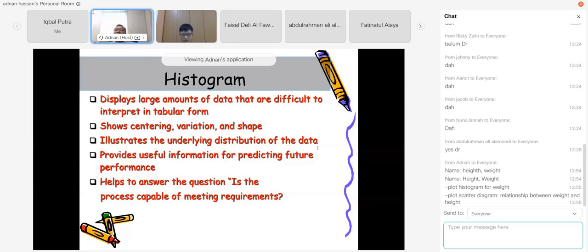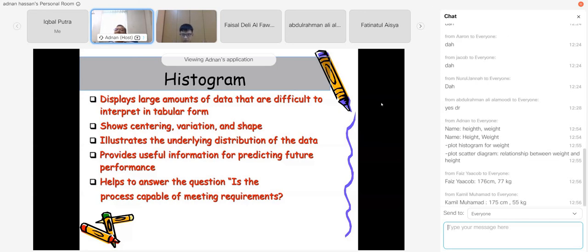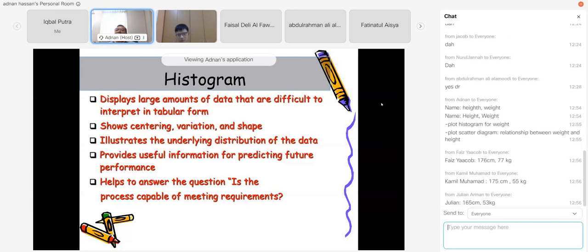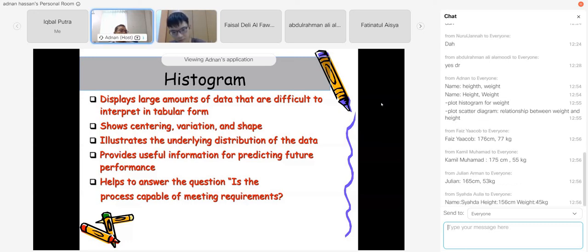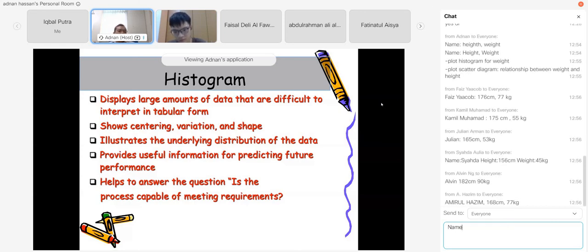So please quickly put your name and your height. After that, you can exit. We finish the class. I will compile this and post it in your Telegram. You use this data to plot the histogram and scatter diagram.